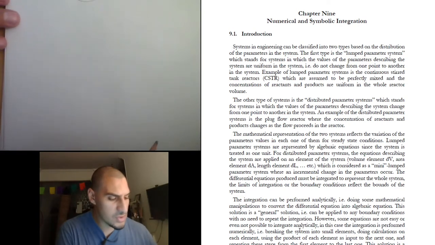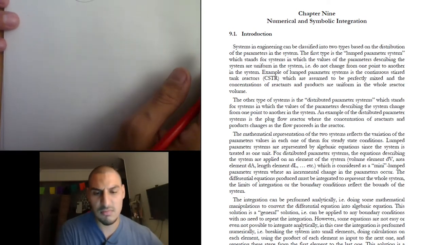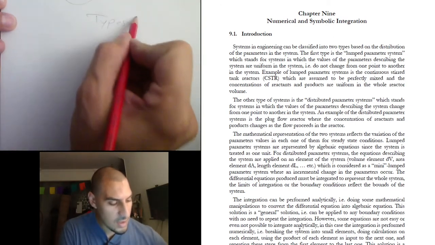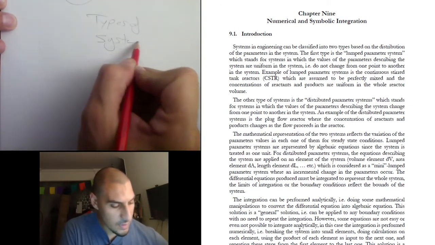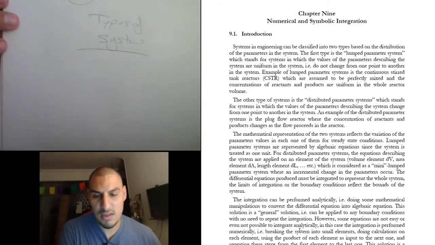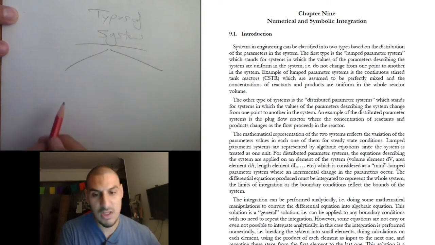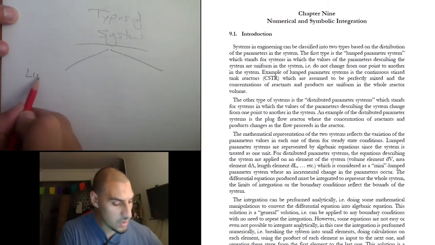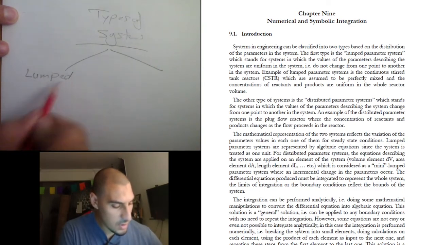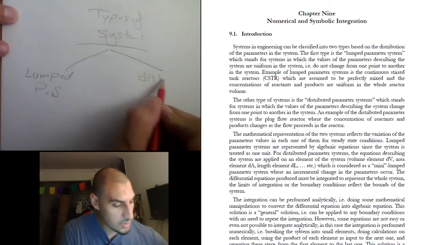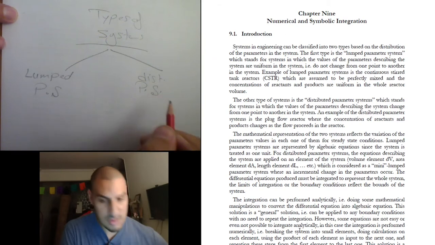I would just go through some modeling concepts, which is the types of systems. So in our engineering applications, we deal with two types of systems. The first is what we call the lumped parameter system, and the other is the distributed parameter system.